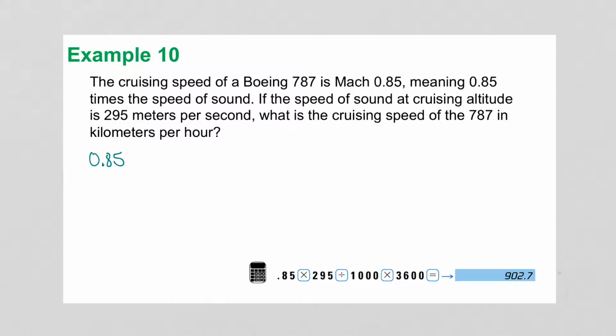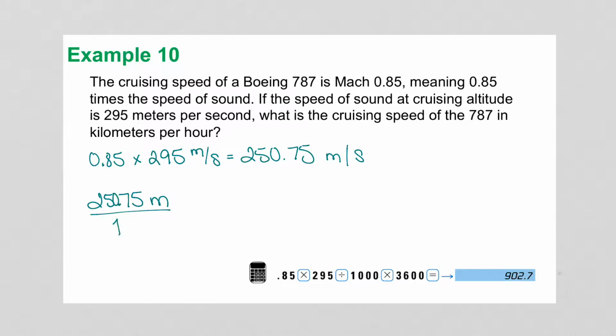So 0.85 times 295 meters per second will be 250.75 meters per second. Then we can change meters per second to kilometers per hour. So 250.75 meters in 1 second. We know that there are 1,000 meters in a kilometer.